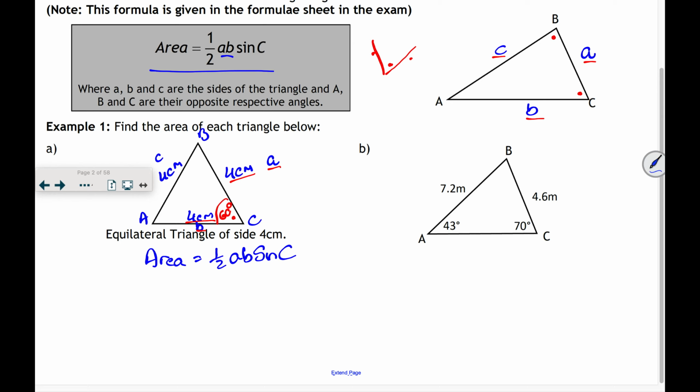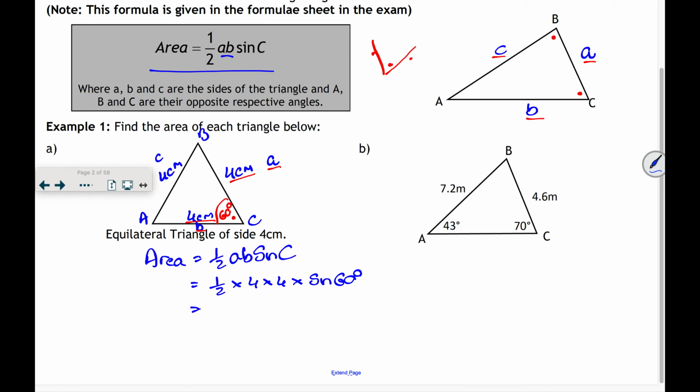So then I'm just going to go ahead and put this into my formula. That's going to be a half times 4 times 4 times the sine of the angle in between, which is going to be sine 60. And then all I need to do is go to my calculator and work that out.